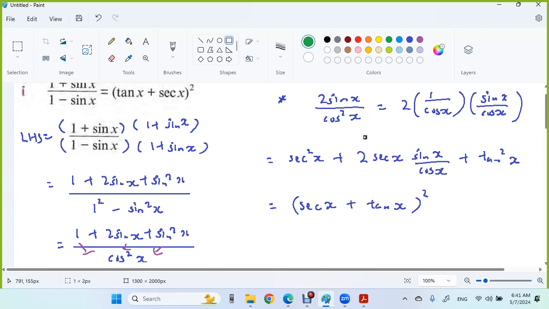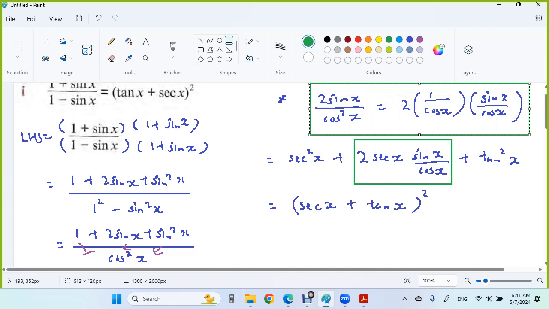So then it will become this. Okay, so this is the right hand side.